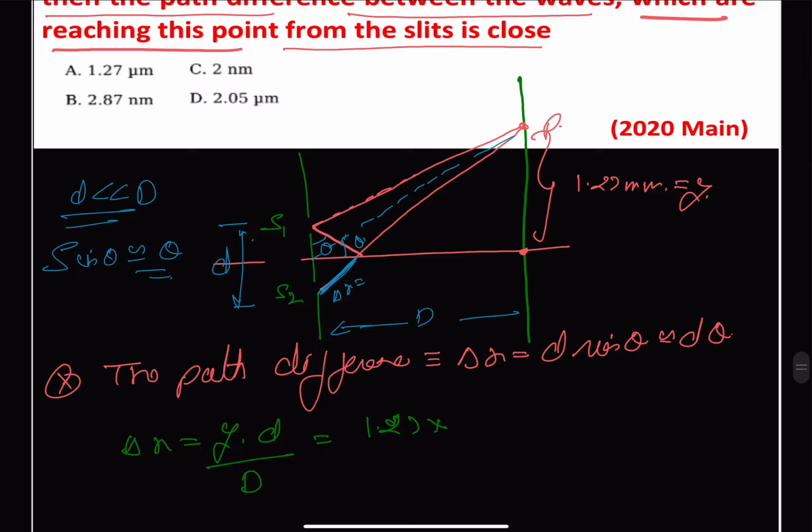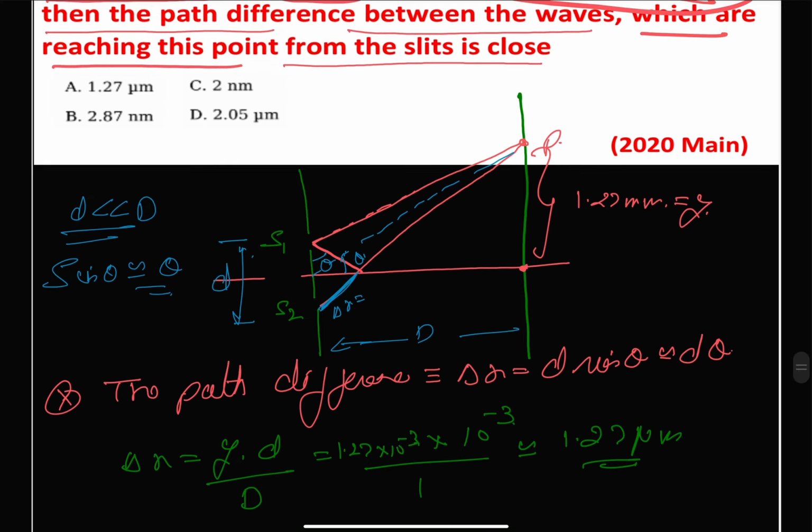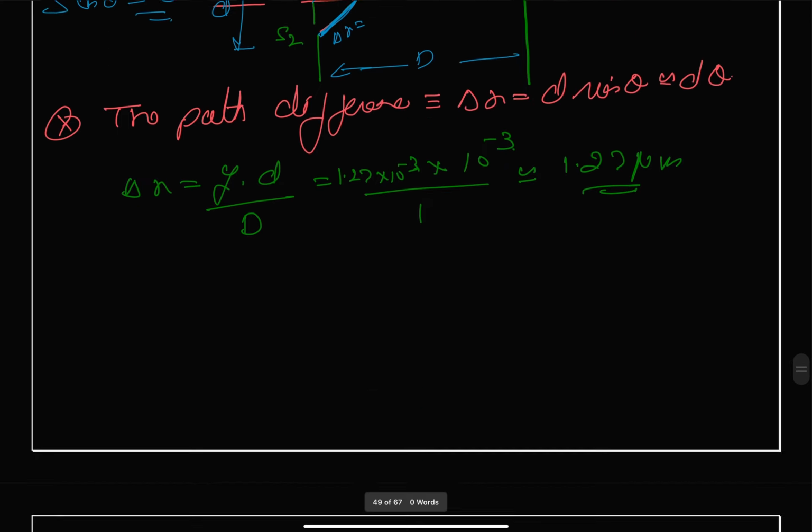Okay. So this comes as 10 to the power minus 3 divided by 1, and approximately that will be coming as 1.27 into 10 to the power minus 3 into 10 to the power minus 3 meters. So it is 1.27 micrometers. So option number A is the correct one.